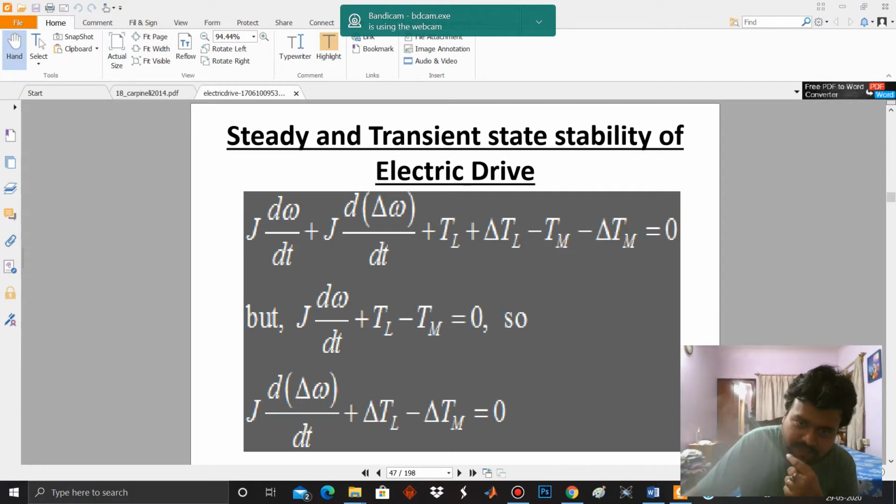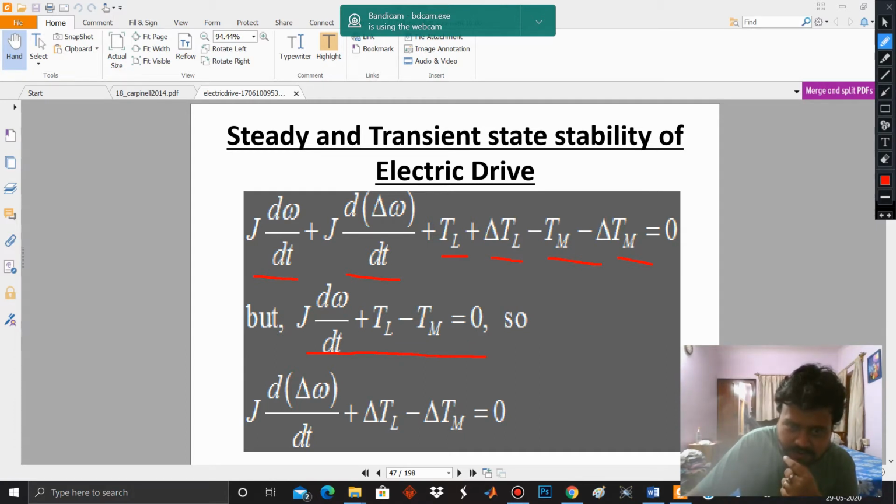Now if we change the sides and separate the terms, we will get this equation. There will be 6 terms, but from the fundamental torque equation, J d omega/dt plus tau l minus tau m is equal to 0.